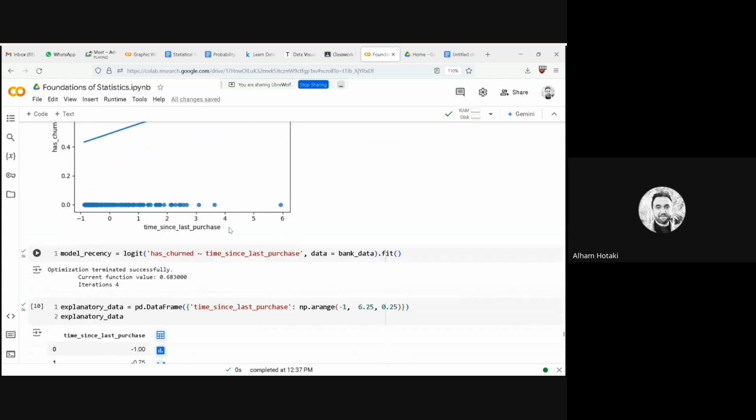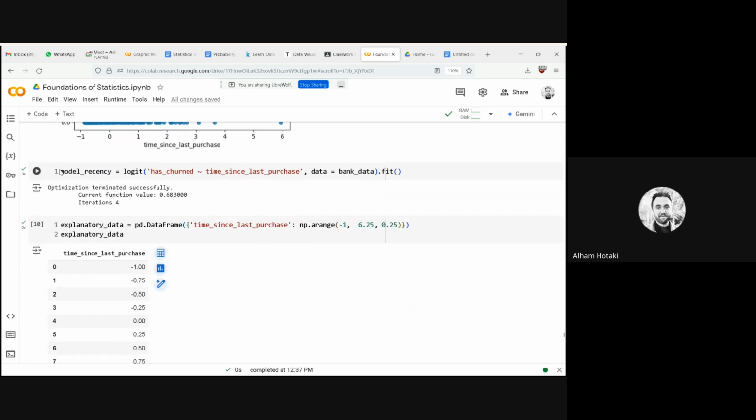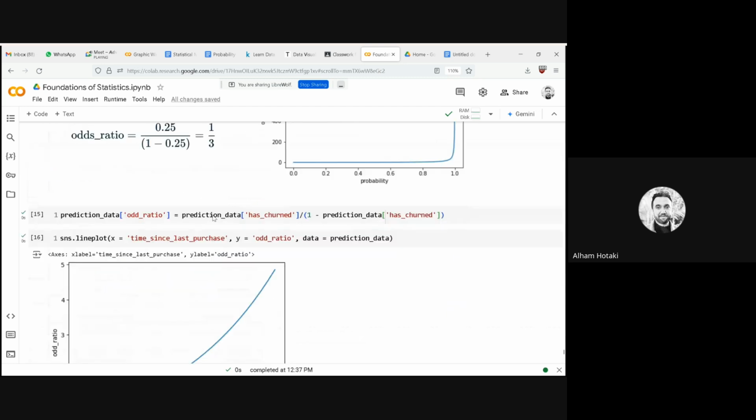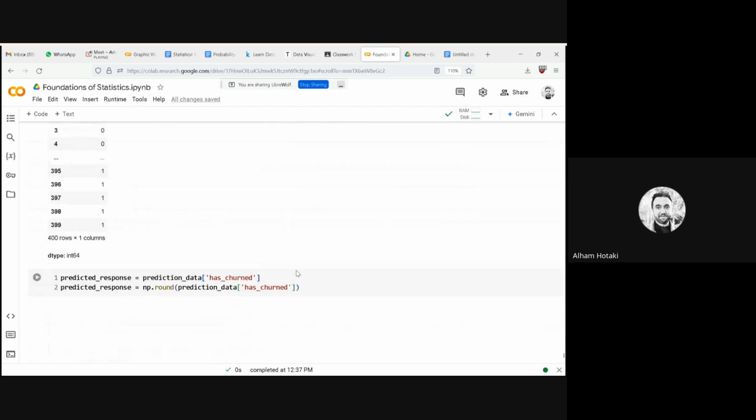Let's assume something else. Instead of putting that, let's put the model recency, the whole model. So has churned, time since last purchase, data of it. Yeah, that's the model, the whole model. We will be just putting the whole model here.